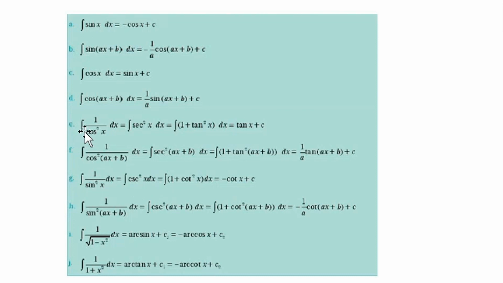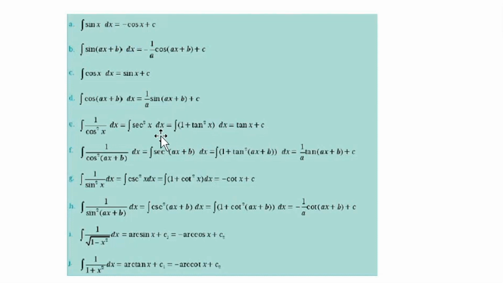For letter E, the first one is the reciprocal identity of 1 over cosine squared x, which is equivalent to secant squared x. And the third one is also an identity from the Pythagorean identity, which says that secant squared x is equal to 1 plus tangent squared x. So these three integrals are the same, equal to tangent x plus a constant.